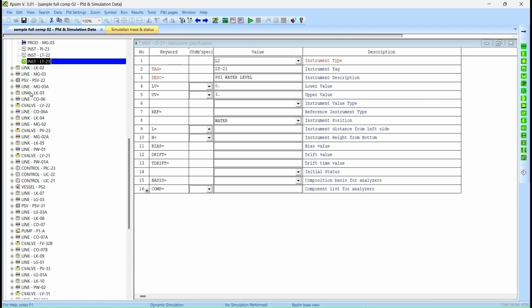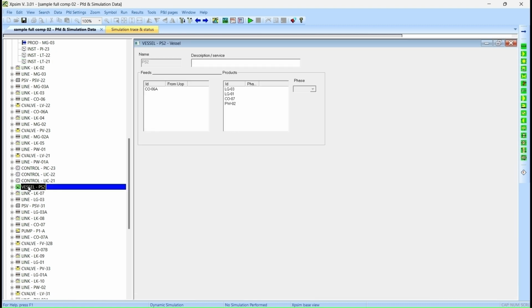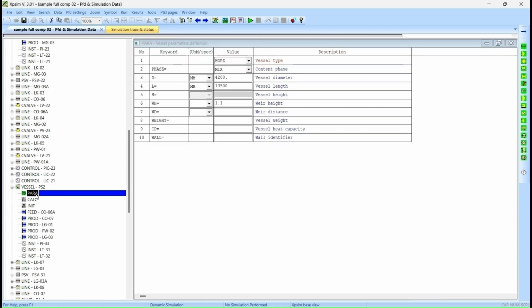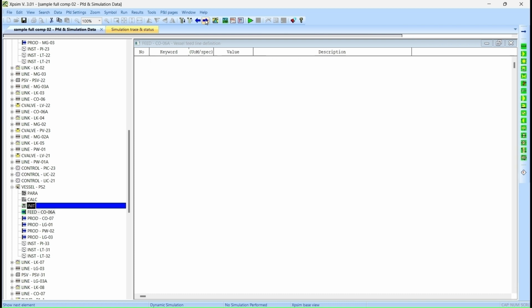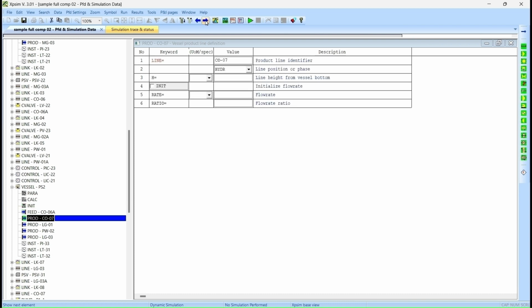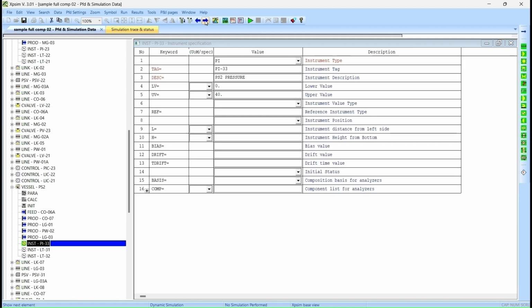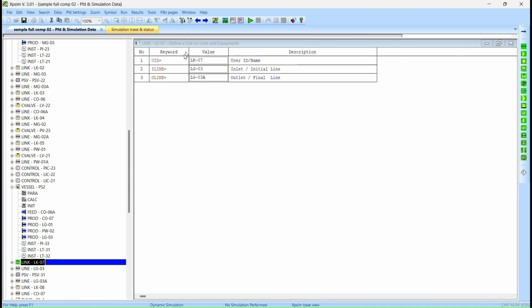The PID diagram includes over 20 oil and gas transport lines. Some instruments and controllers include alarm specification.